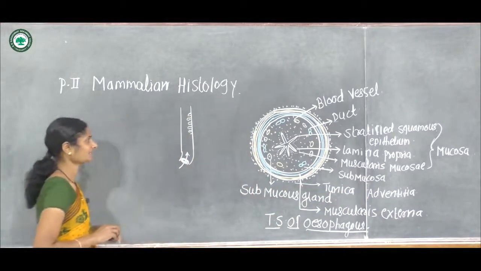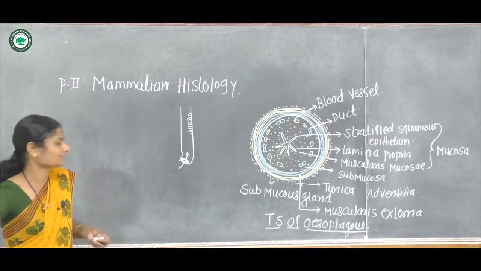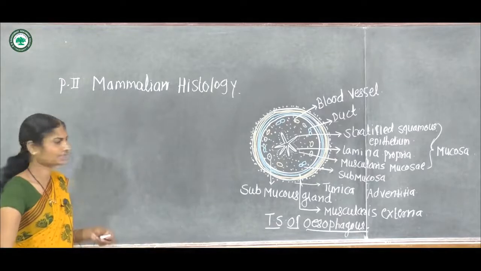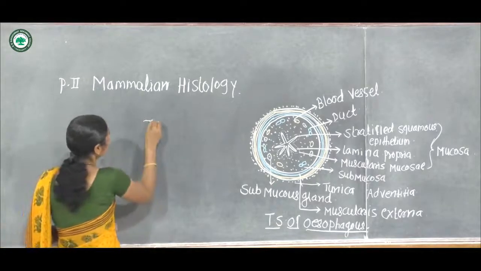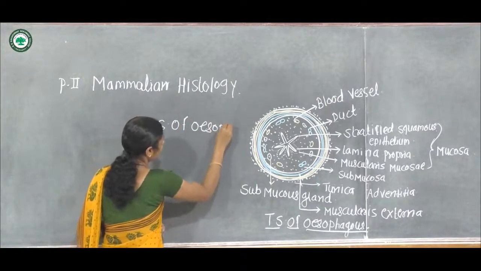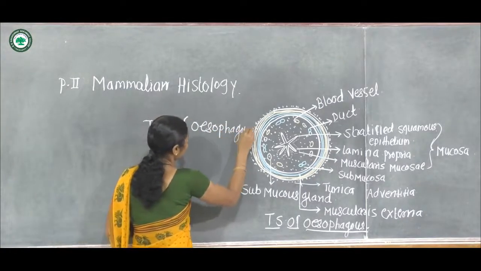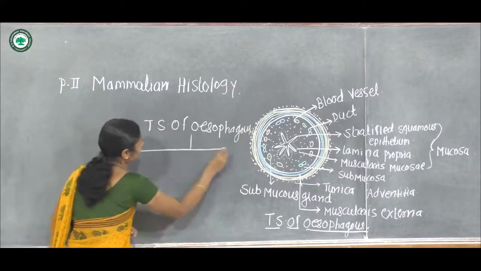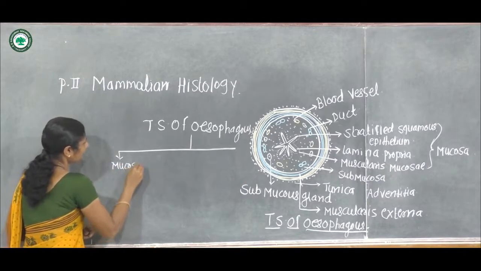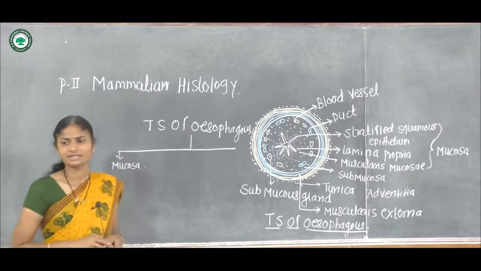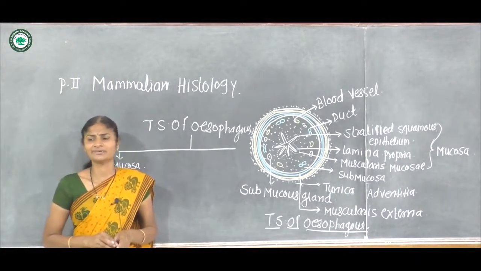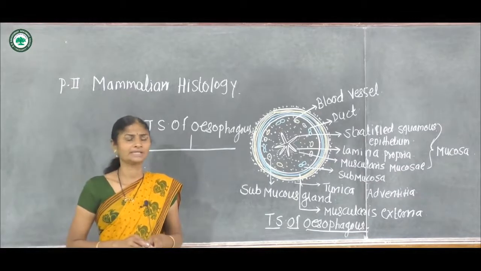Let us see TS of esophagus, where 4 layers are present. First, mucosa. This mucosa layer is the innermost layer, lined with stratified squamous epithelium.